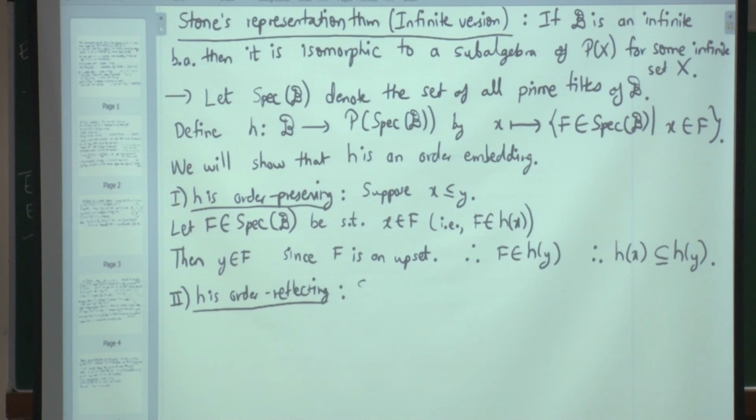So suppose x is not less equal y, then by the same green property that we wrote earlier, x meet negation y is not 0. So consider the upper set of x meet negation y.